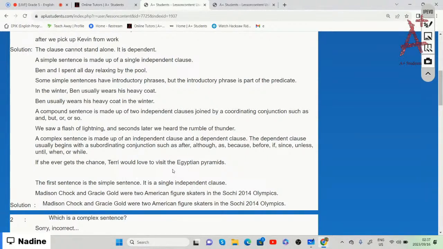An example of a complex sentence: if she ever gets a chance, Terry would love to visit the Egyptian pyramids.